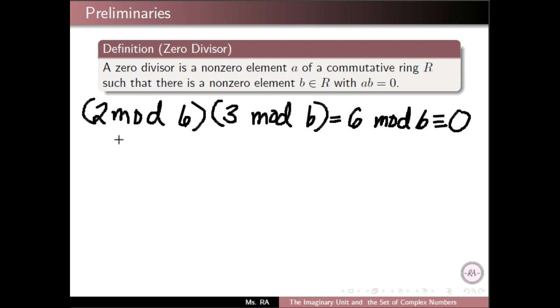As you can see, both 2 mod 6 and 3 mod 6 are zero divisors. We have here a non-zero element multiplied by another non-zero element, which gives us a product which is 0. So these are examples of so-called zero divisors. If you want to be specific, there's a so-called left zero divisor and a so-called right zero divisor, but whenever you are dealing with a set which is commutative under multiplication, you can simply call it a zero divisor.